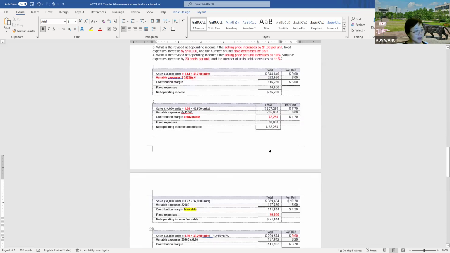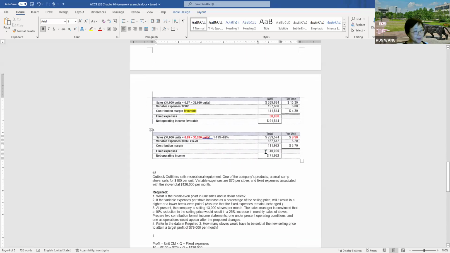So think about how this happened. Because with the sales volume decrease and also the increase in variable expense per unit, the combined impact on the contribution margin is actually slightly higher than current.